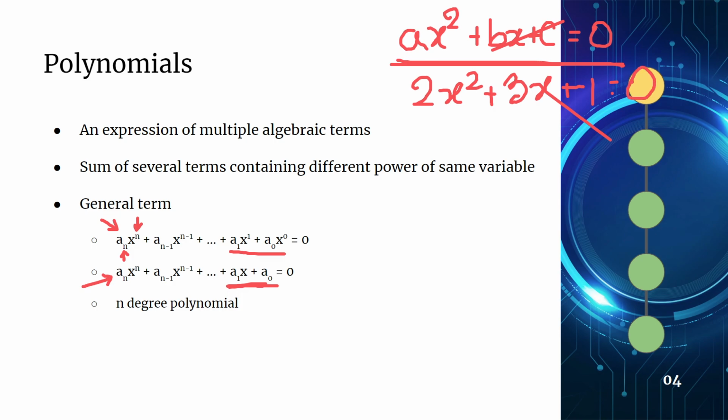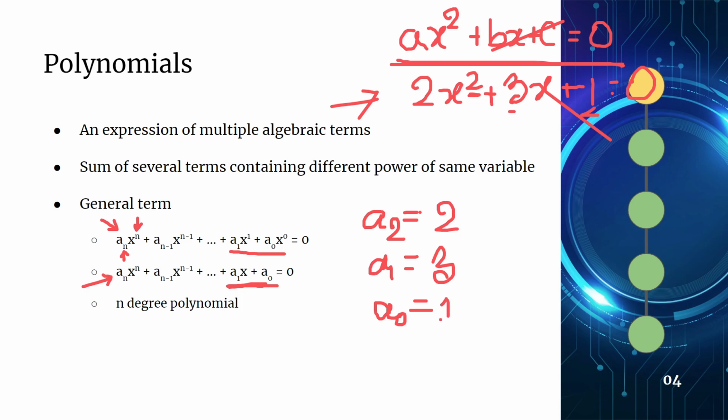In this equation the highest degree is 2, so this is again a second degree polynomial. The highest coefficient is a2, which will be 2. The second will be a1, which is 3. And the last one will be a0, which is 1.